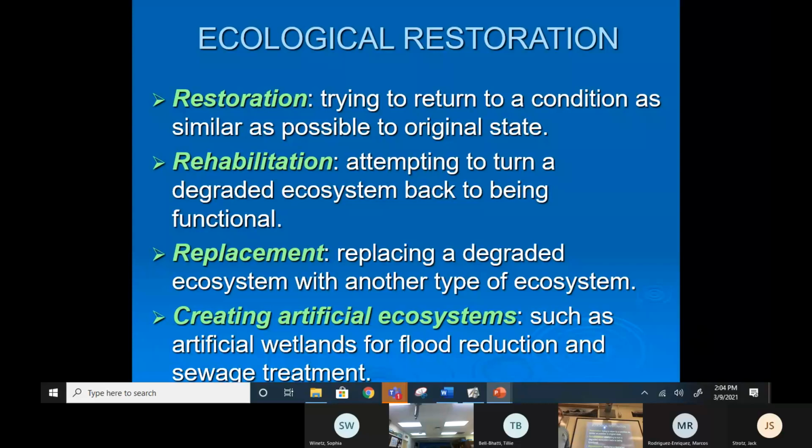And then artificial ecosystems are also possibilities where we are totally just building an ecosystem there to meet our needs. So these are methods of restoration that I refer to as the 4 R's.